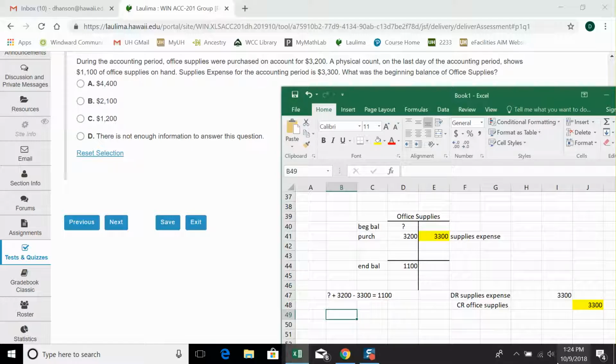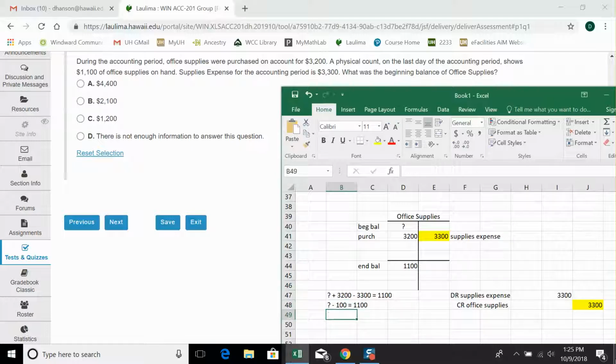So you really could put everything, all the numbers on one side of the equation. You could technically net these two out. So 3,200 minus 3,300 is a negative 100. Okay, so it really becomes what minus 100 equals 1,100.